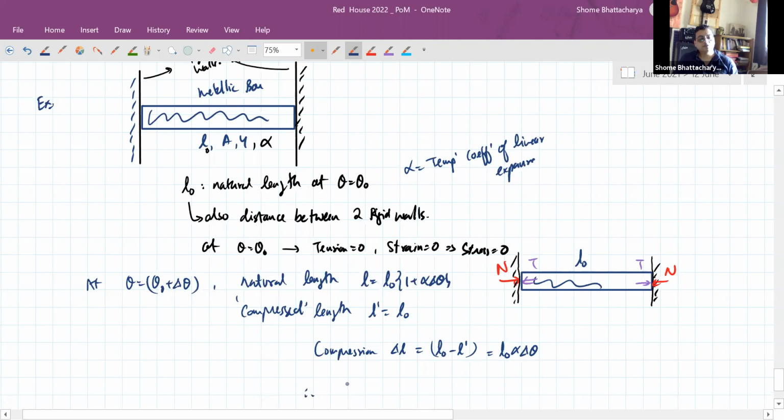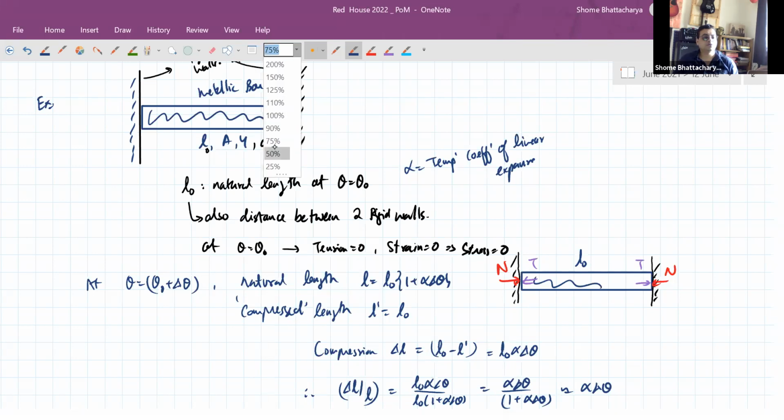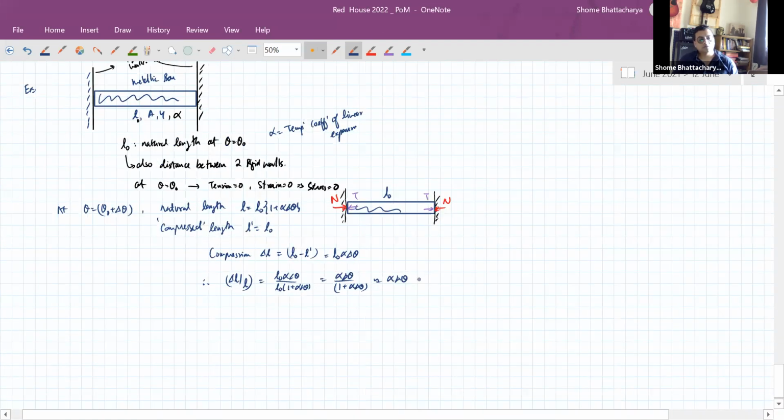So you can see that therefore the strain, the longitudinal strain it is under, is going to be, now we can treat this as approximately alpha delta theta, because alpha delta theta is small compared to 1. So this is the longitudinal strain. Alpha delta theta is very small compared to 1.